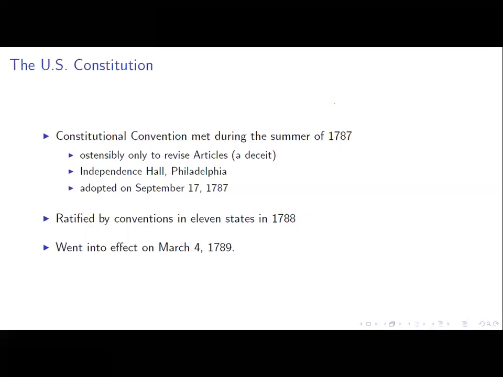That's part of what they're going to discuss. It ends up quickly turning from a convention to revise the Articles of Confederation to simply ripping it up and starting anew.